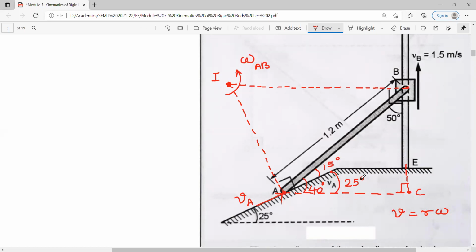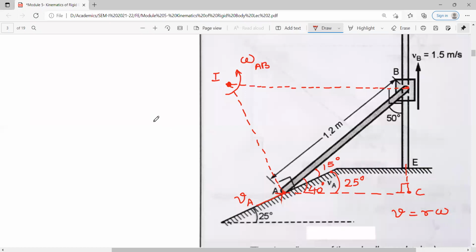Is the 40 degrees given in the question? The 25 degrees is given, and where did this 40 degrees come from? Look, this angle is given as 50 degrees. Okay, this is 90 degrees obviously, as one is a horizontal line and one is a vertical line. And how does this 40 degrees come?